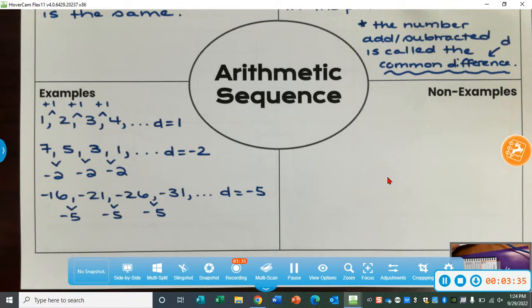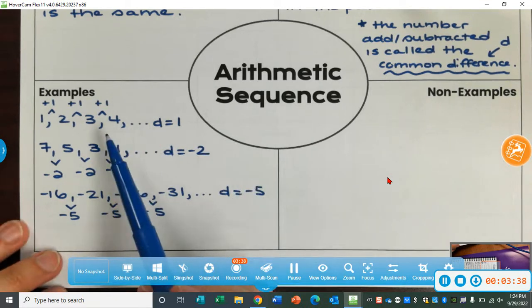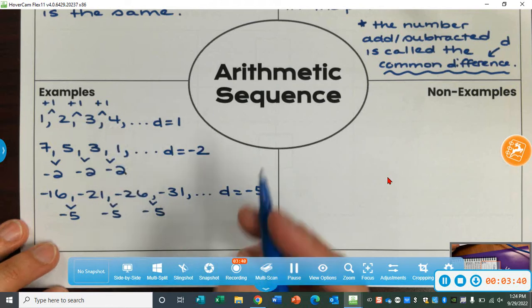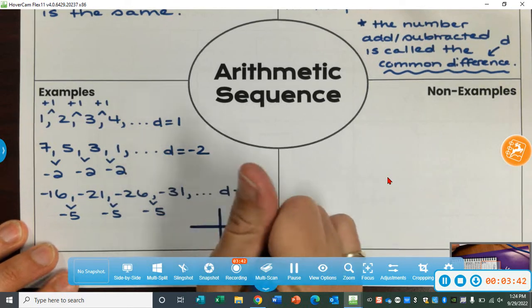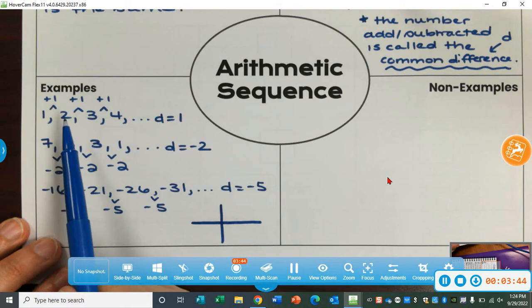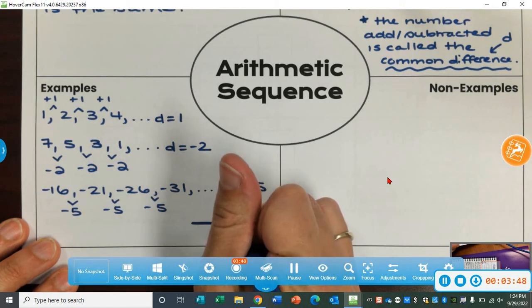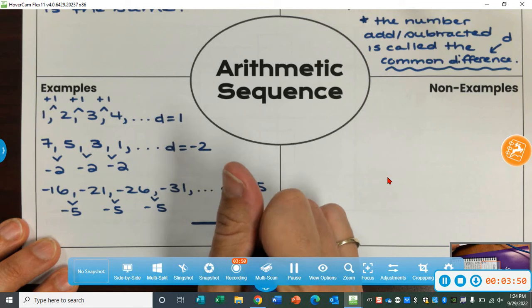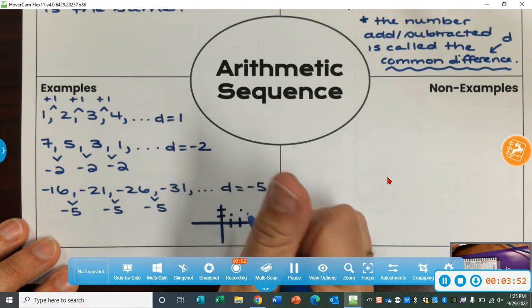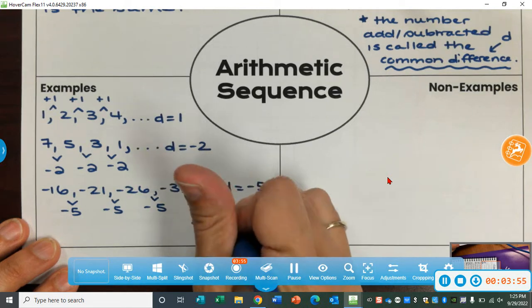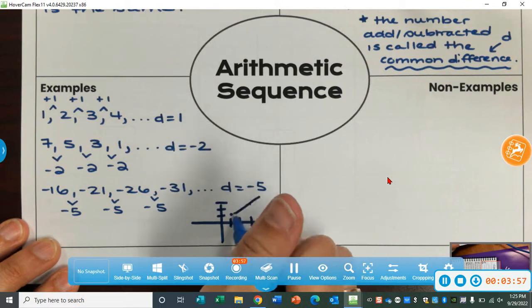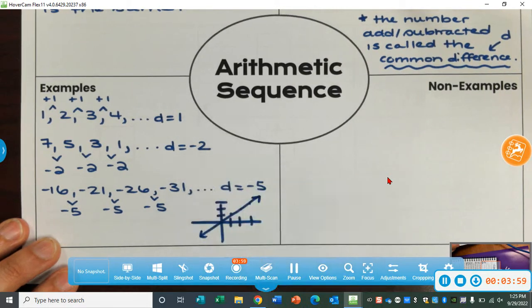Another thing that's kind of interesting is that if you were to graph this, you would notice that, for instance, if we graphed the first one, 1, 2, 3, 4, the first number is 1, the second number is 2, the third number is 3. Notice that you get a line.